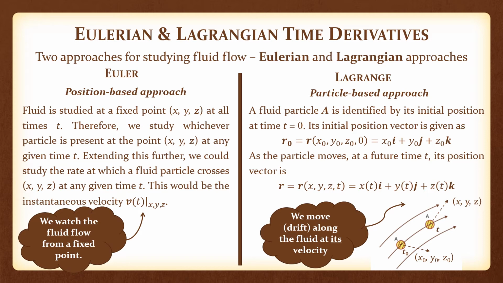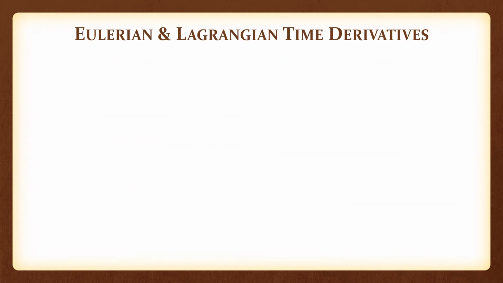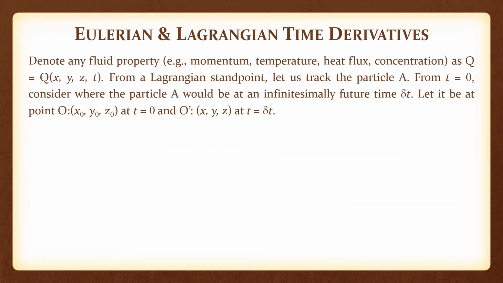Now what we are going to do for the remaining part of this lecture is to relate the time derivative that you estimate from the Eulerian perspective to the time derivative that you estimate from the Lagrangian perspective. Let us denote any fluid property, whether it is momentum or temperature or heat flux or concentration, as q, which is q of x, y, z, t.